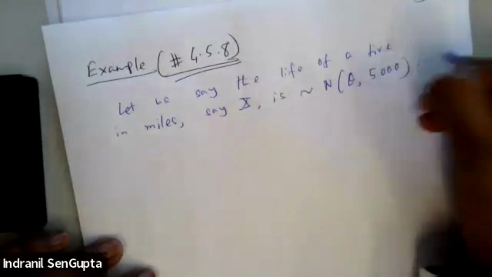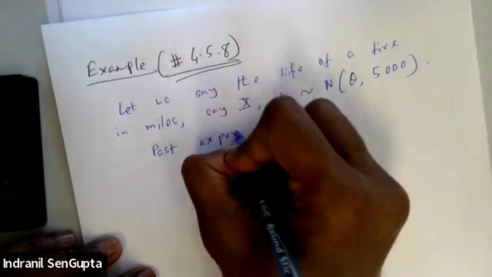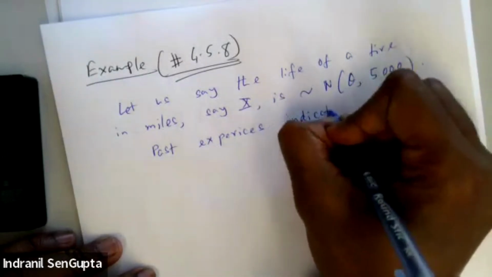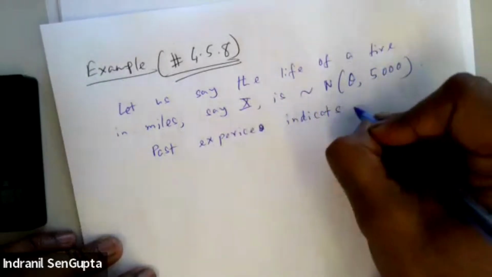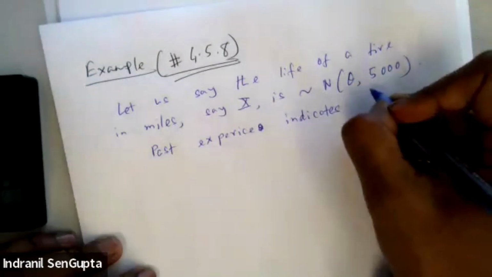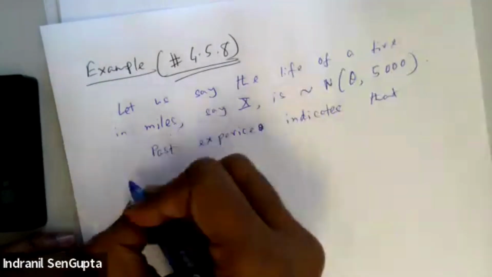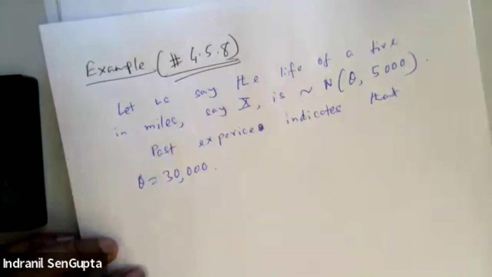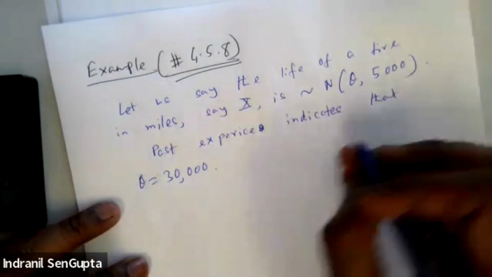Now, past experience indicates that this value of theta is 30,000. So the lifetime of a tire is 30,000 miles.